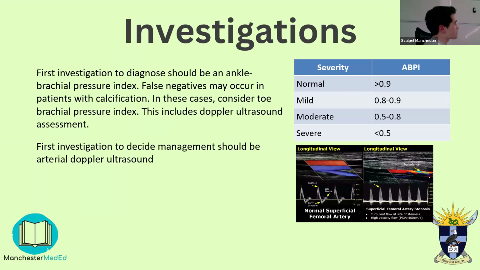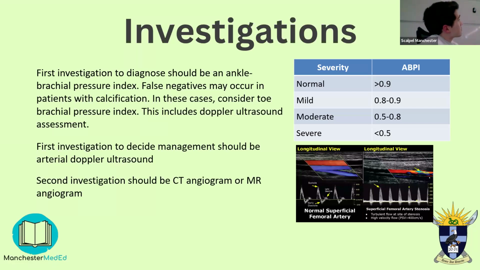You'll have to call someone in to do it. It's not immediate. Whereas if you've got a Doppler ultrasound probe, you can just do it bedside, immediate investigation. So the Doppler you do to help diagnose, and the duplex you do to help come up with your management plan, if that makes sense. So the duplex ultrasound is the first investigation you do for your management. The Doppler and the ABPI is the first measurement you do for your diagnosis.